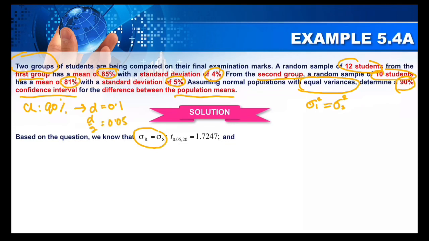Okay, which formula do you want to use? Can we use formula number 1? No, because you don't have the sigma. Can we use formula number 2 and number 3? Cannot, because of this equal variance. So you have formula number 4 or formula number 5. Because n is less than 30, you have to use formula number 5.